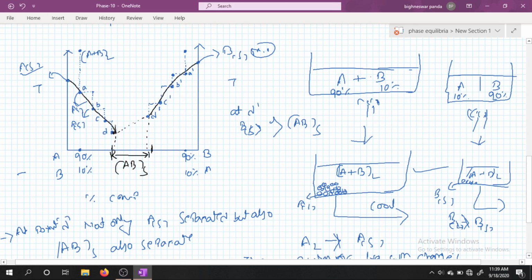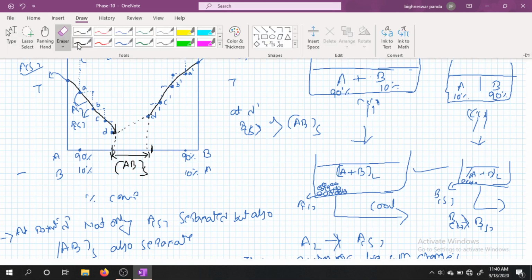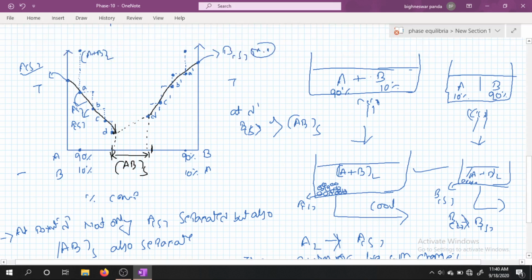So consider this, and above which A plus B liquid is present.